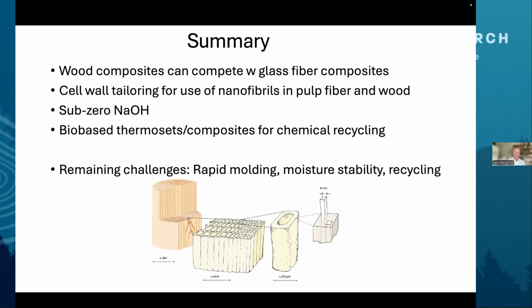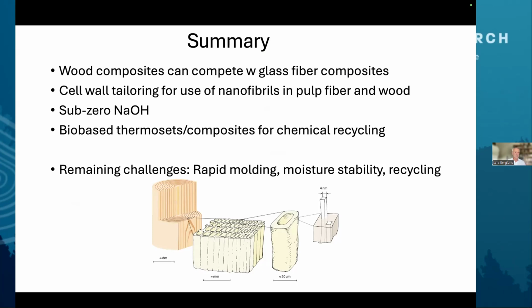I think it's a very interesting challenge for research and for industry to work on cell wall tailoring of pulp fibers and wood so that we can better utilize the nanocellulose in our existing bulk material, so to speak. The sub-zero sodium hydroxide method is very appealing, and we will try to continue working on that.